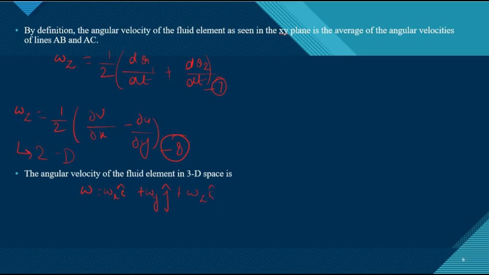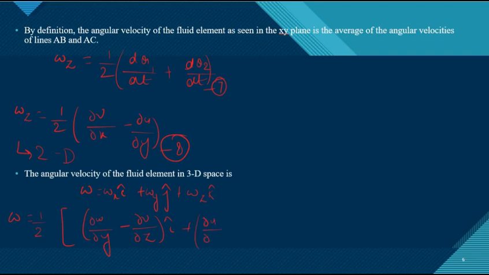So omega z we have already got. So based on that, we can write omega as dou w by dou y minus dou v by dou z. Have a look at these components of x and y while I'm writing.